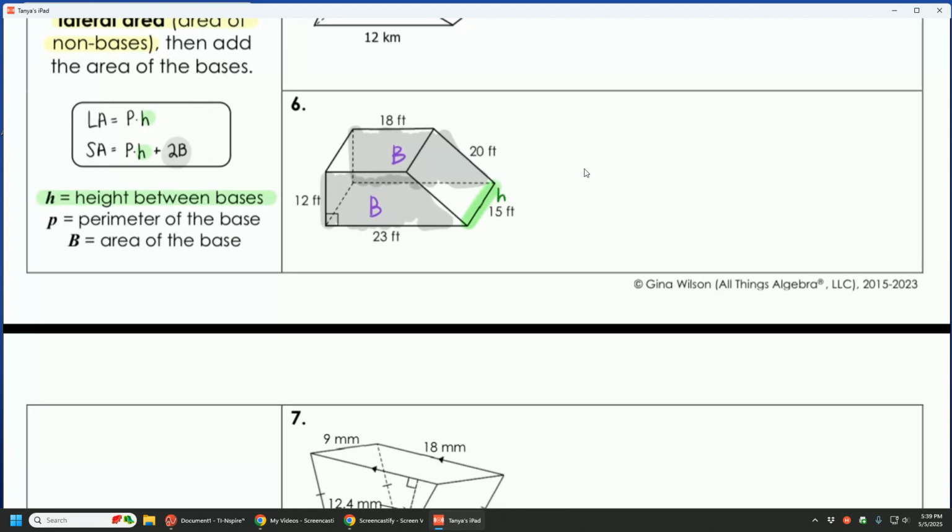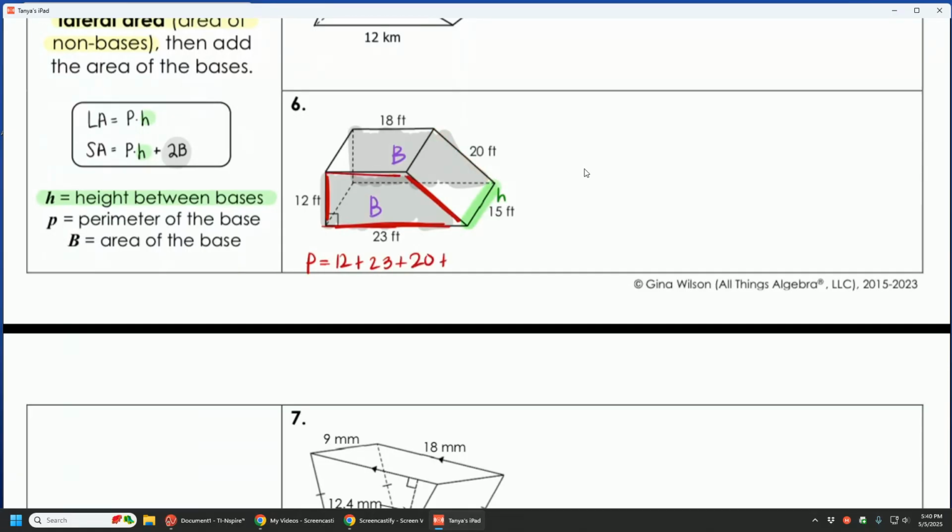And then I need perimeter of the base. Okay, so perimeter, this has 4 sides. I have a 12, so I'm going to do this at the bottom. Plus 23, plus this diagonal line here is the same as the one in the back, so I know that that is 20.